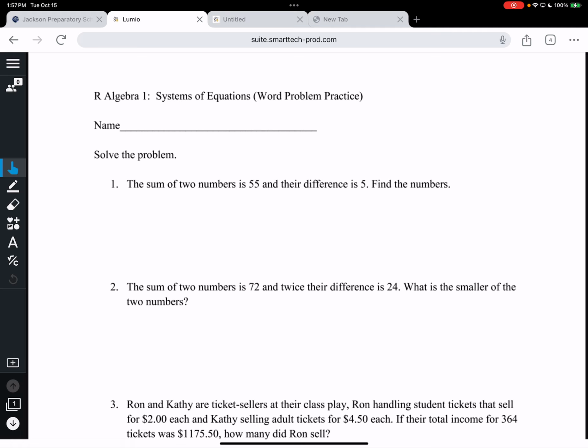All right. So we have to remember, sum means what? Difference means subtract. When you have what number, what are we talking about? A number, what is that referencing?